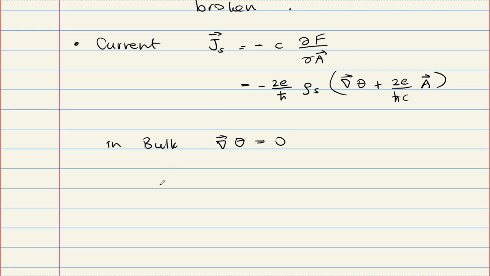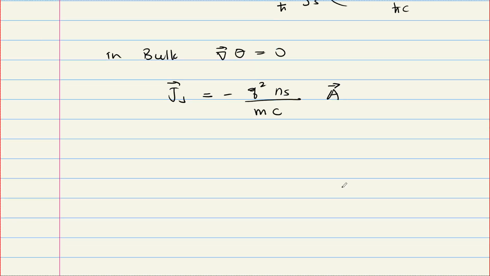And this immediately gives us Js equal to minus, let me put this back in generalized form again, MC A. Does anybody remember the name for this equation? Who first suggested that current be proportional to A? London, yeah, this is exactly the London equation.